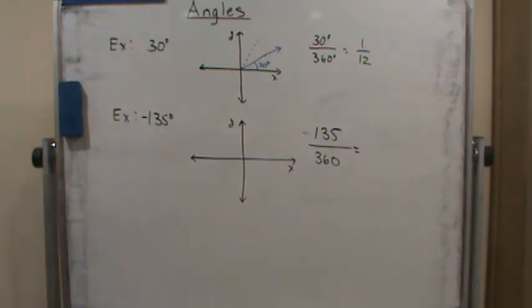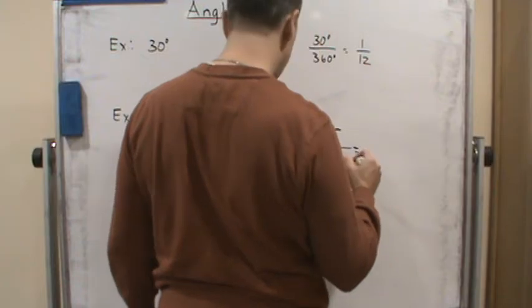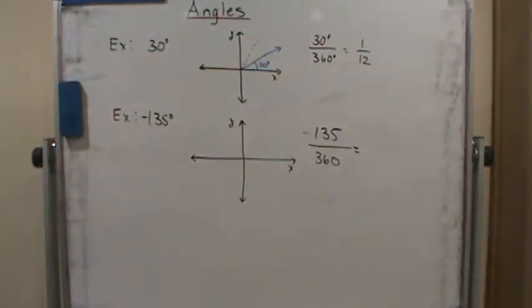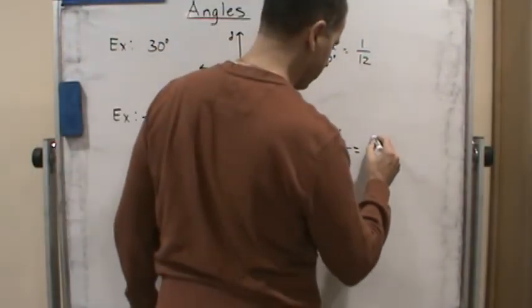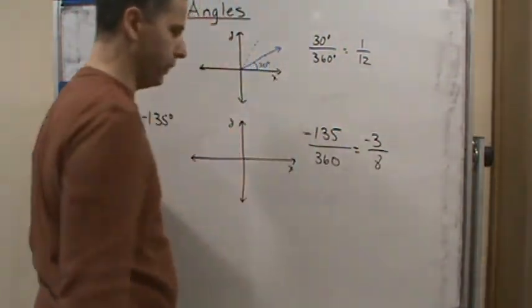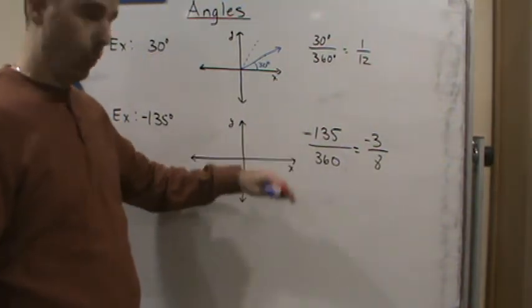That's going to be 3/8. So this reduces to 3/8, or if you keep the negative sign, it's -3/8. But again, the negative sign is really about direction, so that means clockwise.